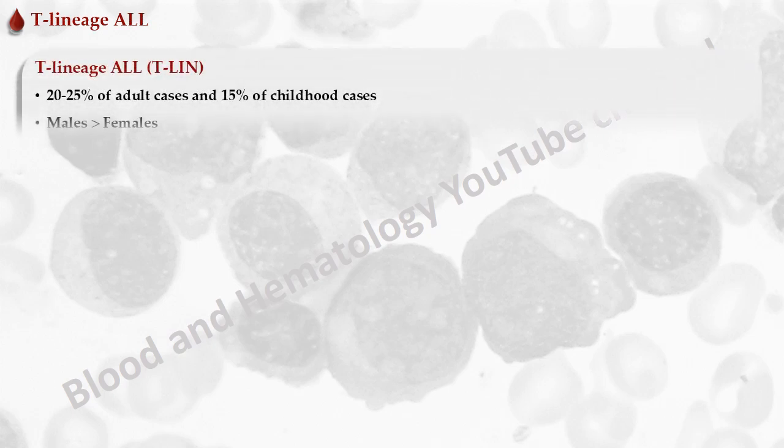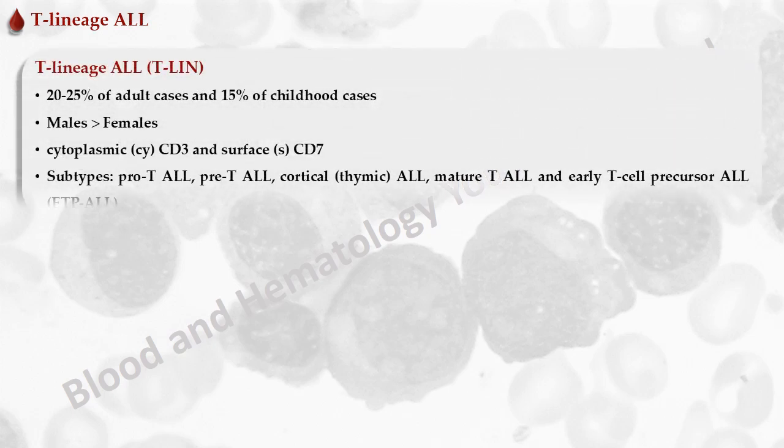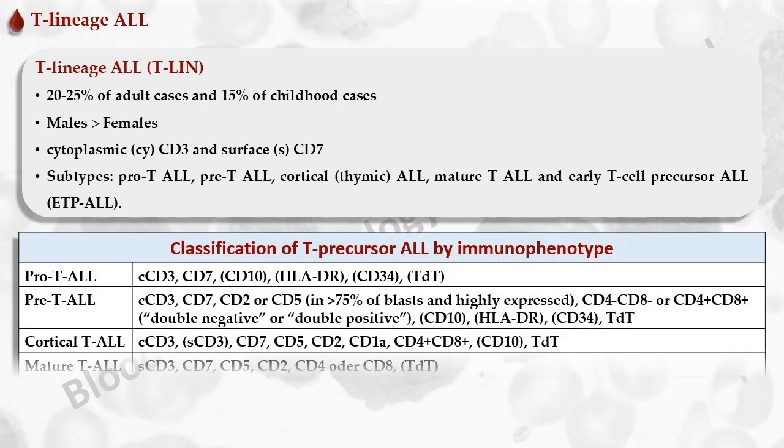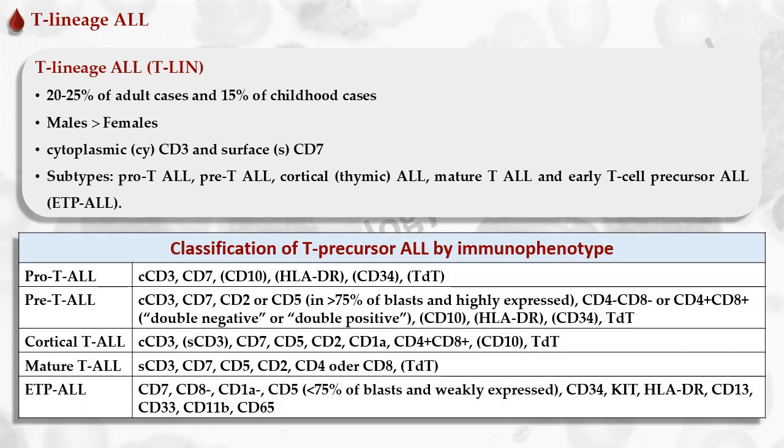T-lineage ALL represents 20 to 25% of adult cases and 15% in childhood ALL cases, and characteristically affects males more often than females. Crucial markers are cytoplasmic CD3 and surface CD7. T-ALL can be classified into pro-T, pre-T, cortical, mature T, and early T-cell precursor ALL subtypes.